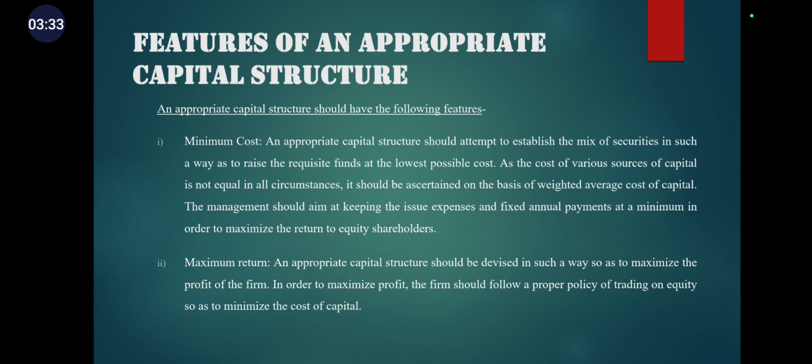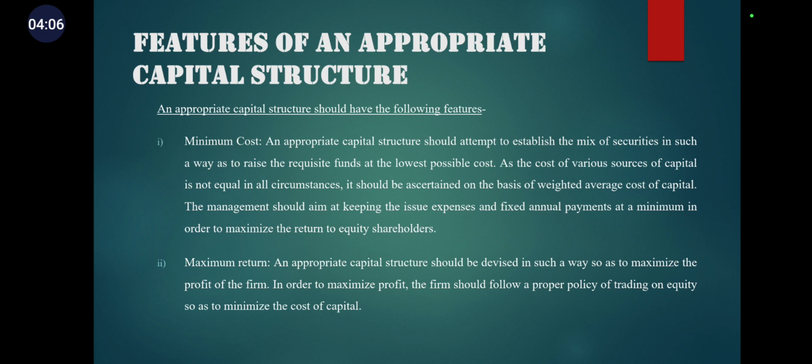So when you want to maximize your profit, the company should follow the concept called trading on equity. Trading on equity is the concept that the company should have a high debt proportion in its capital structure compared to the equity, because the cost of debt is cheaper than the cost of equity.